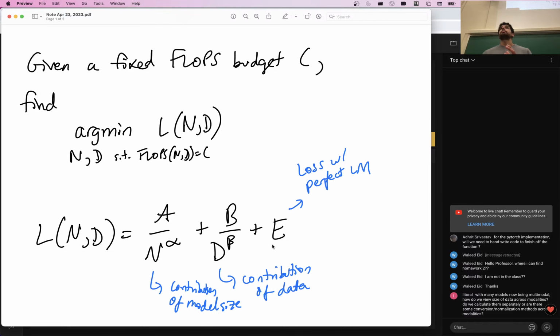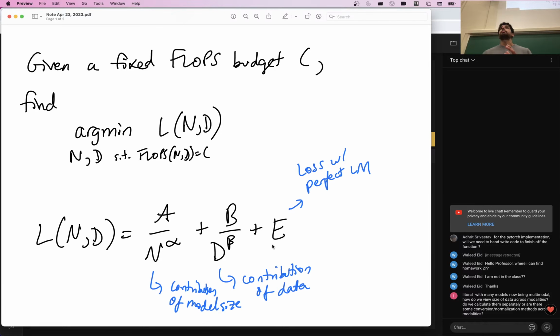Maybe this will be more clear for you as well. The main takeaway of the Chinchilla paper is that they trained a bunch of different models with different compute budgets, and they fit the model that was just described by the prior equation, and they find the following coefficients. The E variable is 1.69.